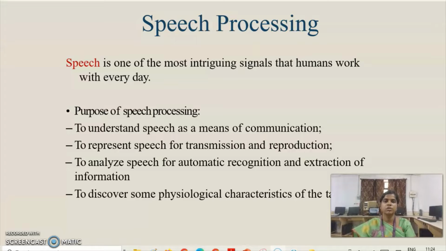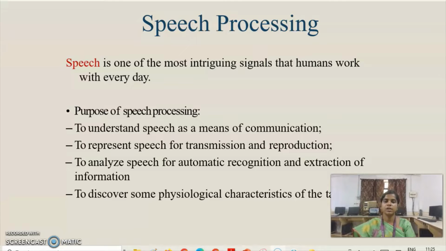Before getting into the mechanism of speech production and auditory analysis, let's have a quick recap on what speech processing is and its applications. As we know, speech is one of the most intriguing signals that humans work with, and there is a specific purpose for speech processing.